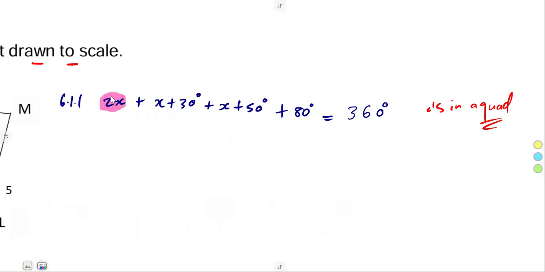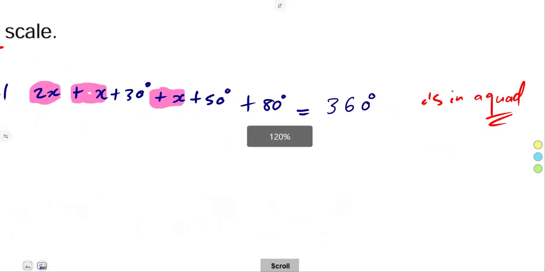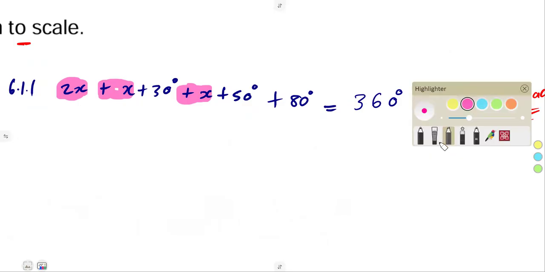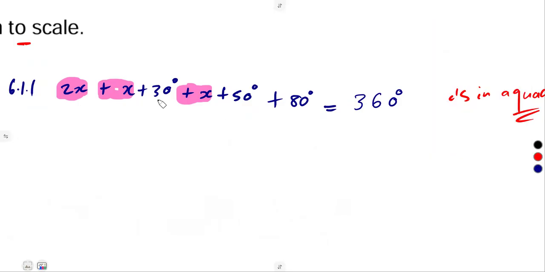Taking the x's: there's an x here, another x, you add, and another x, you add. x plus 2x plus x is 3, then plus another x, which is 4. So 2 plus 1 plus 1 is 4x.